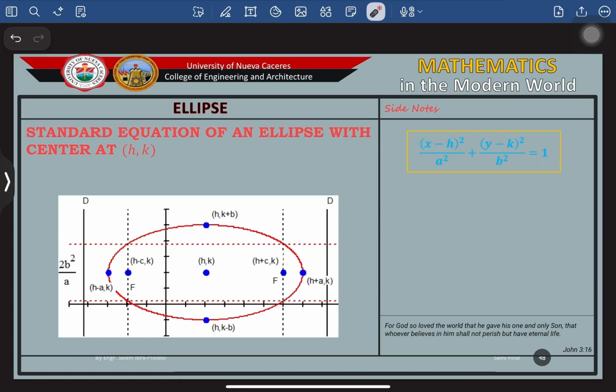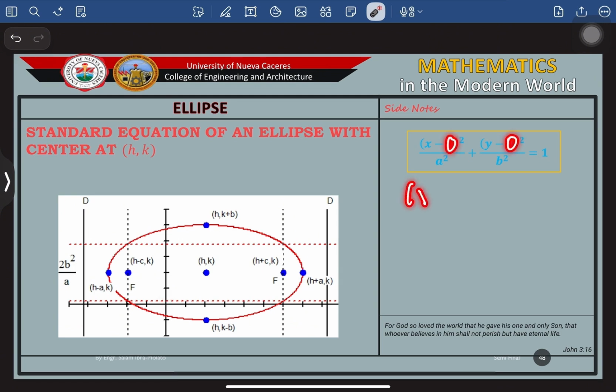Therefore, the A is under the variable x. Also, the center here is not at the origin, that's why we have h, k. But if the center is at the origin, you replace those with 0.